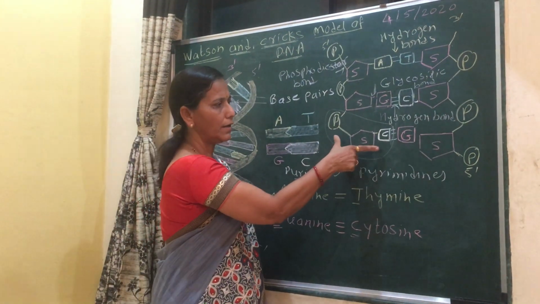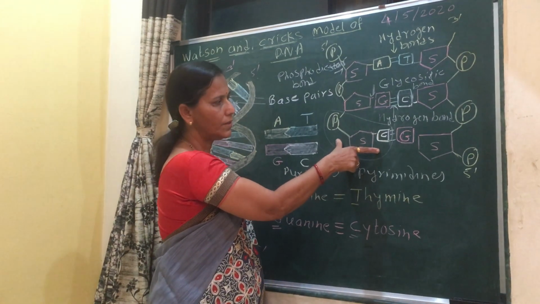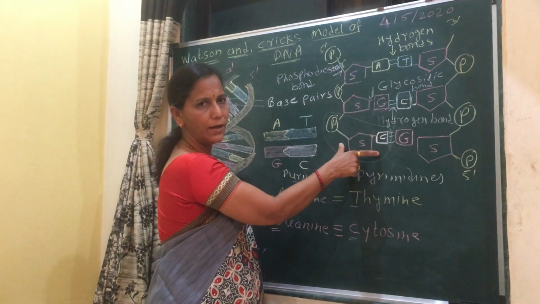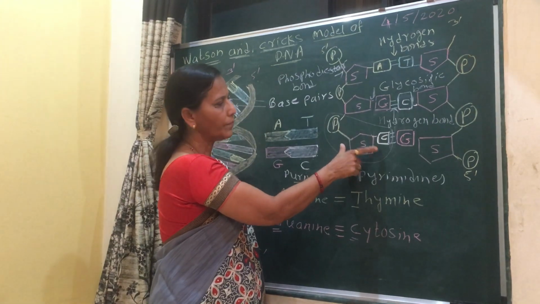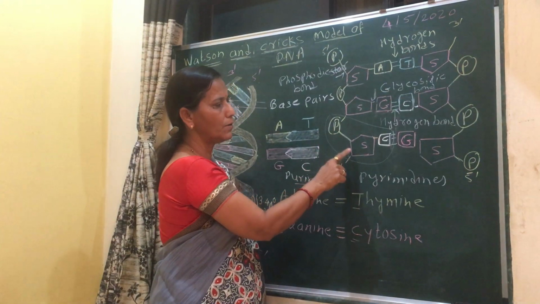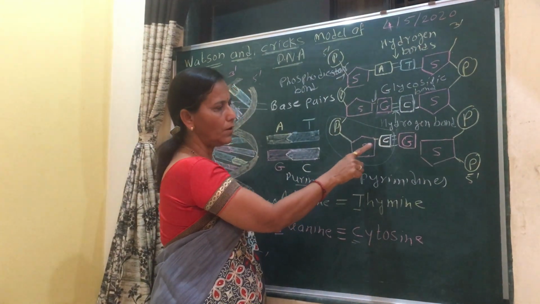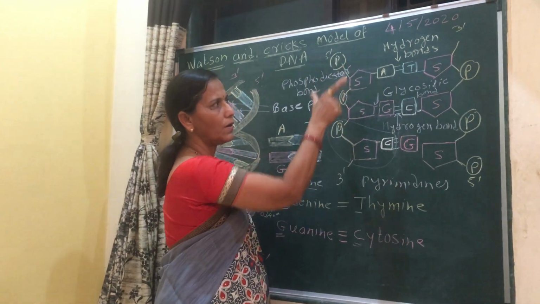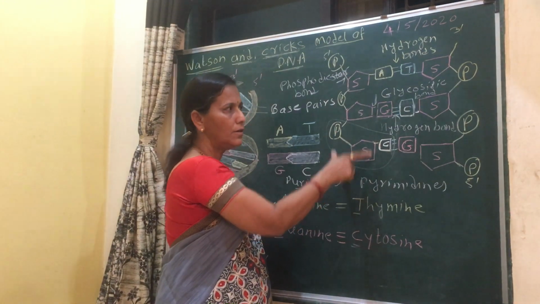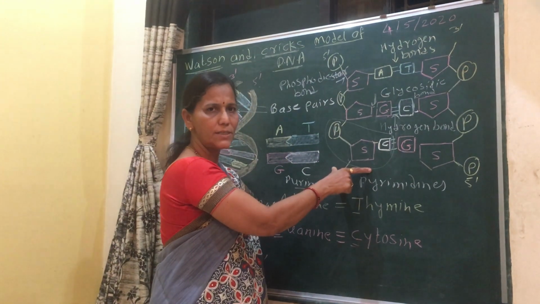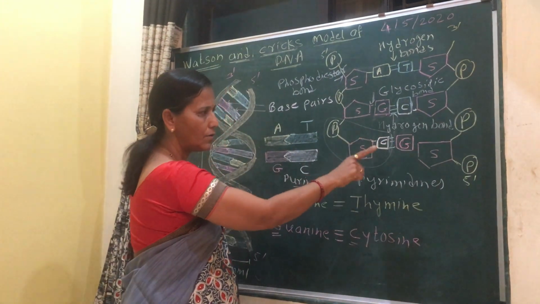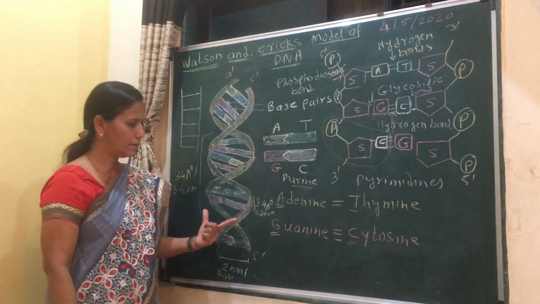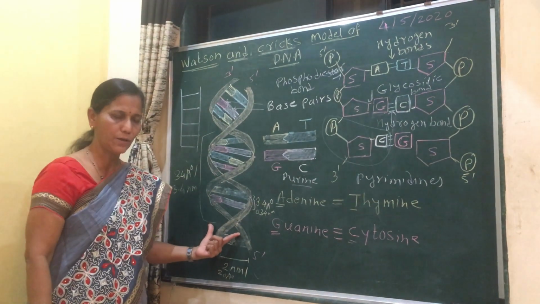Poly means many nucleotides. The basic unit of DNA is the nucleotide, which consists of one phosphate group, one sugar molecule, and one nitrogen base. Many such nucleotides join together to form a polynucleotide strand, and these two polynucleotide strands coil around each other.